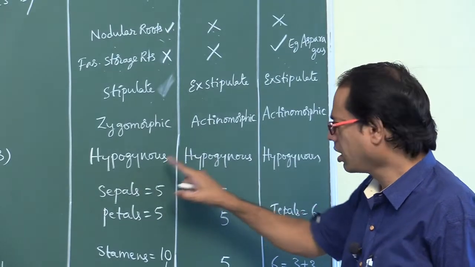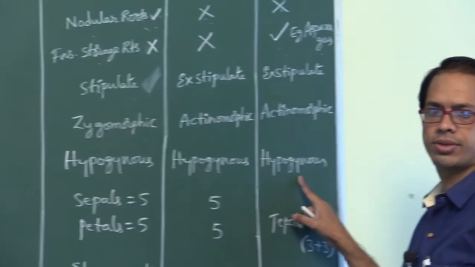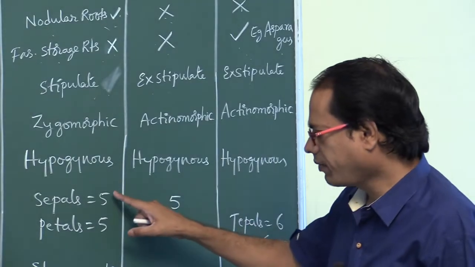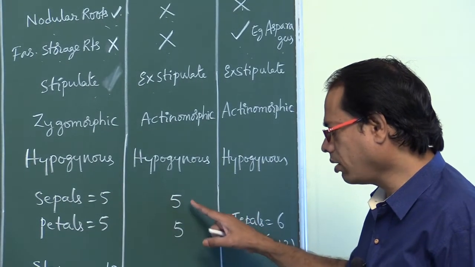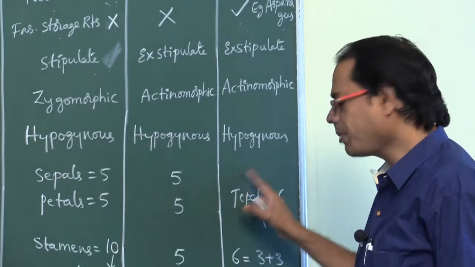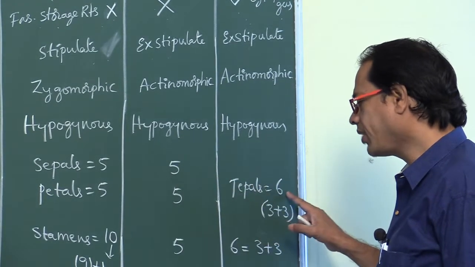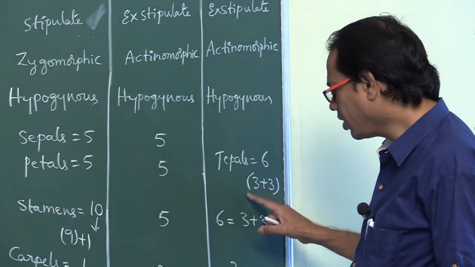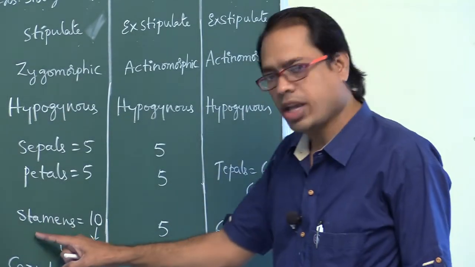Hypogynous flowers: Solanaceae also hypogynous, Liliaceae also hypogynous. Sepals 5, petals 5. Here also sepals 5, petals 5. Here no sepals, no petals; here we have to say tepals. Total number of tepals 6, arranged in 2 whorls of 3 each. Next, stamens.